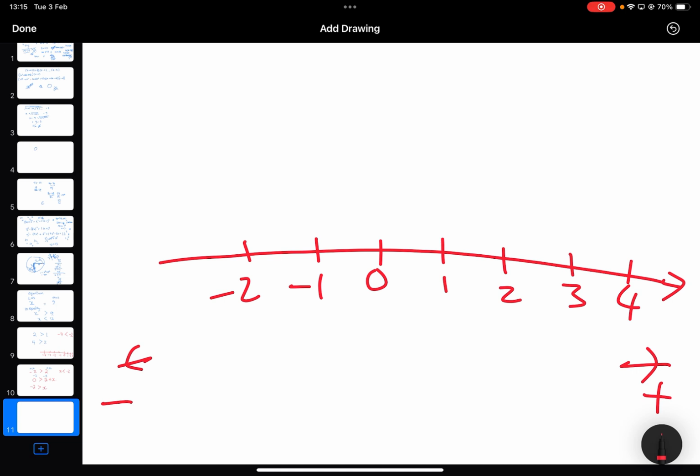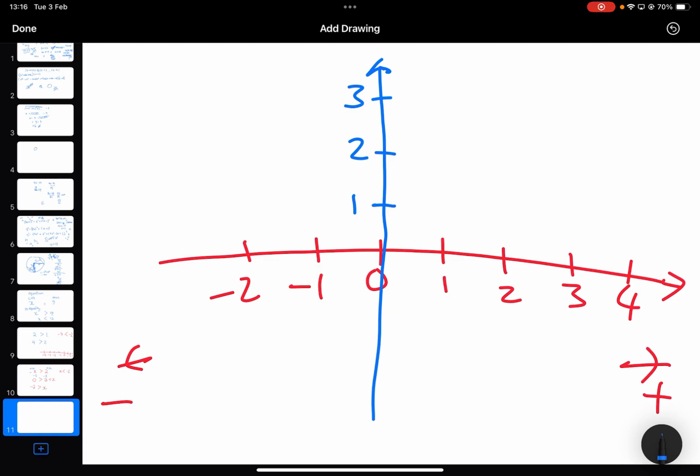Okay? Then I add in another line that is up and down. This one is also a number line. This time round, going upward is positive. So when I go higher, the number gets bigger, just like height.